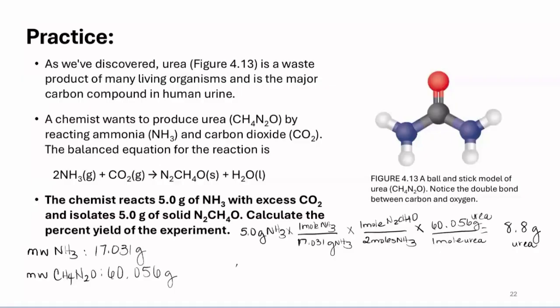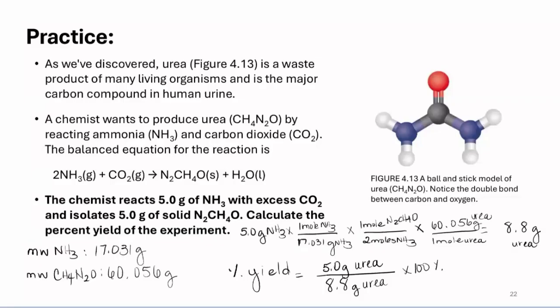In this problem, to calculate percent yield, I'm going to write what the chemist obtained, which was 5.0 grams of urea, divided by the theoretical, 8.8 grams of urea, times 100%.